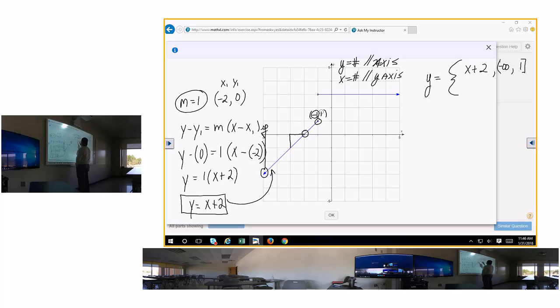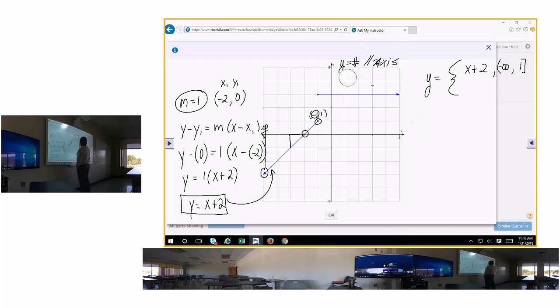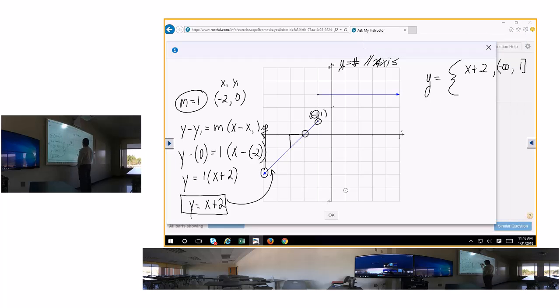So this one's parallel to the x-axis, so y is equal to a number. So all you got to do is find out what the y is equal to. Well, the y is equal to whatever number it crosses the y-axis. So that would be 1, 2, 3. y is equal to 3. So that would go right here.